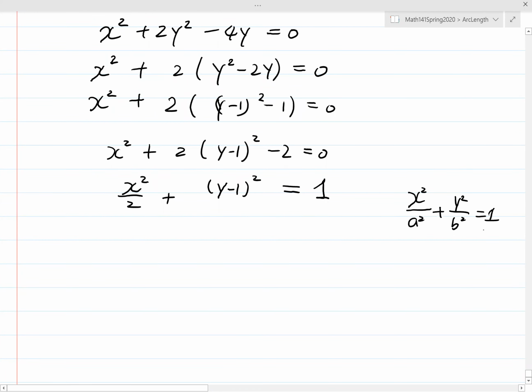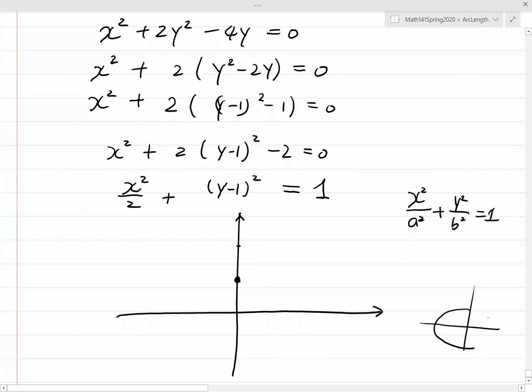But here, this ellipse is not centered at the origin. It is centered at y is 1. Now if it's centered at the origin, it looks like this.